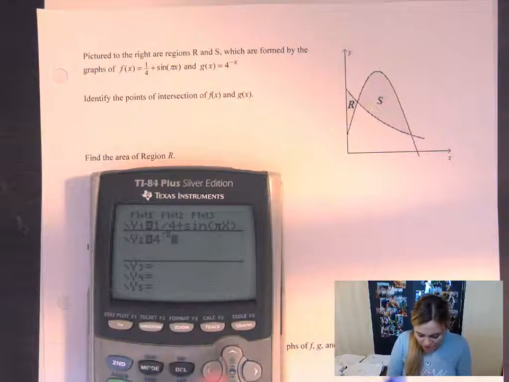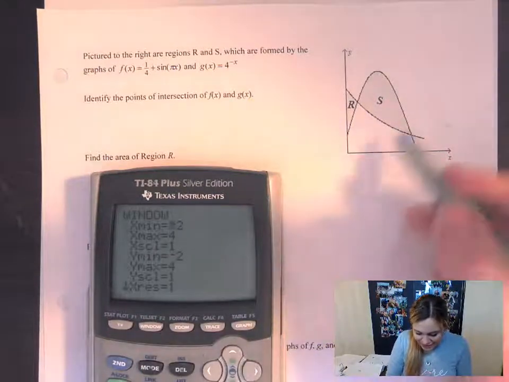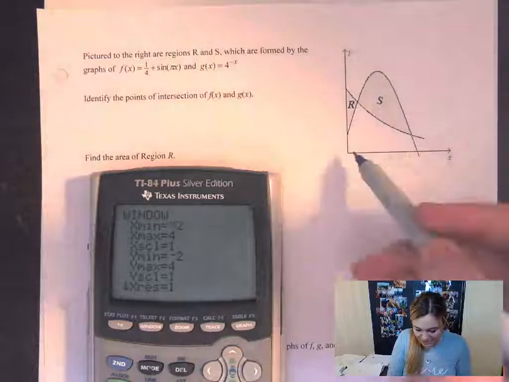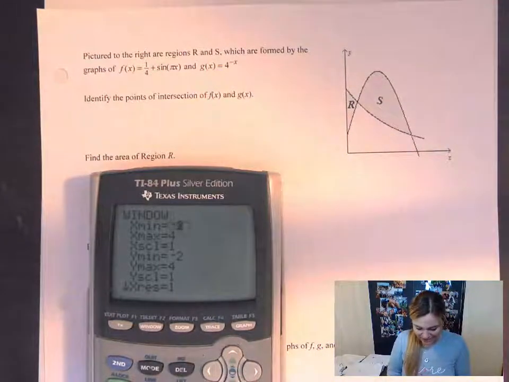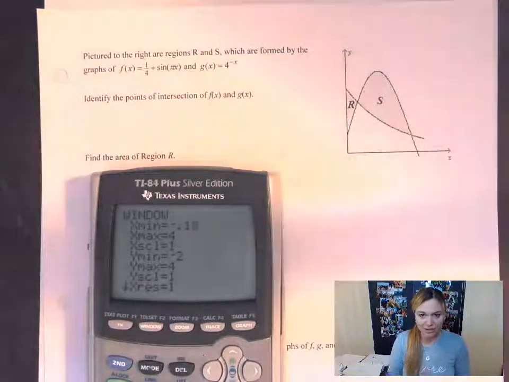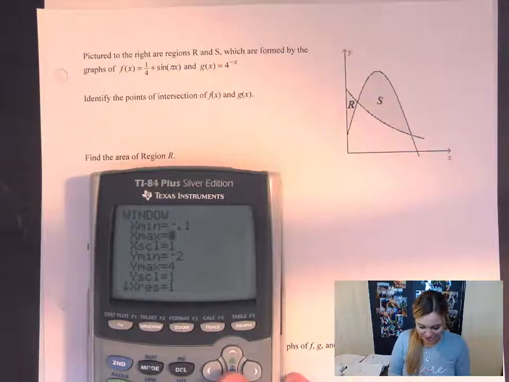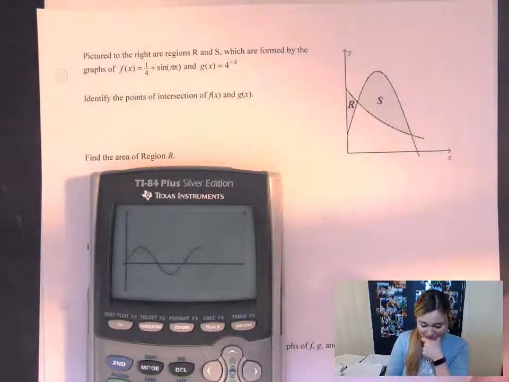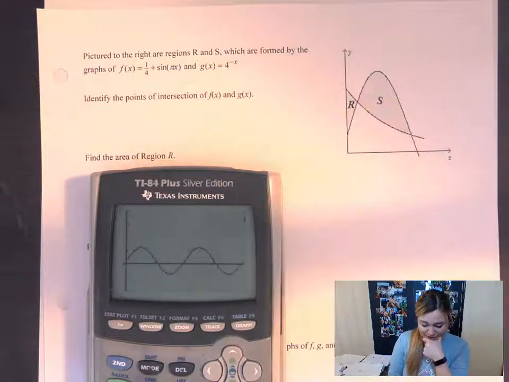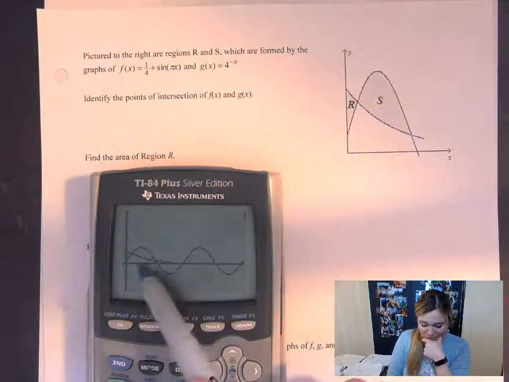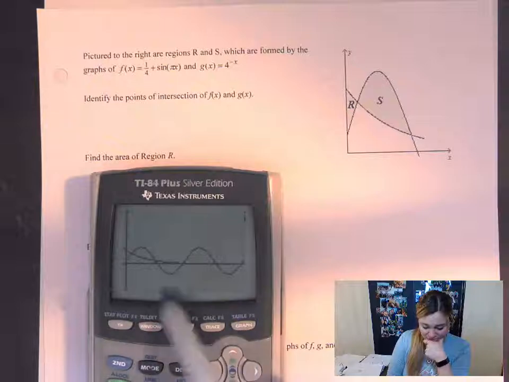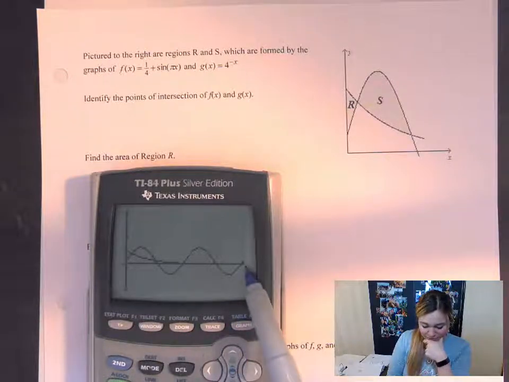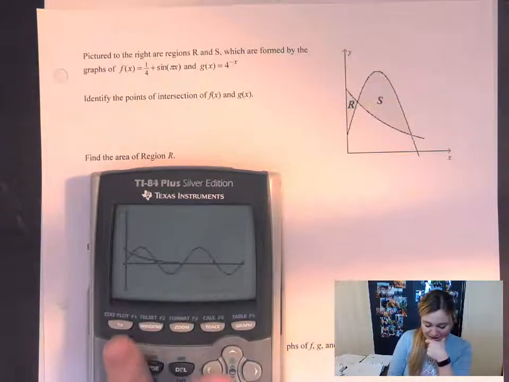And I'm going to go into my window, and I don't really know anything except that this is starting at 0, so I'm going to start at negative 0.1 just so I can see that this is 0 over here. I really have no idea where to go with this. Negative 2 to 4, let's try this, see how close we get. Okay, so I think I went a little too far here because I'm only seeing this region. So this was the whole way to 4, this would be 2, let's say 1.5.